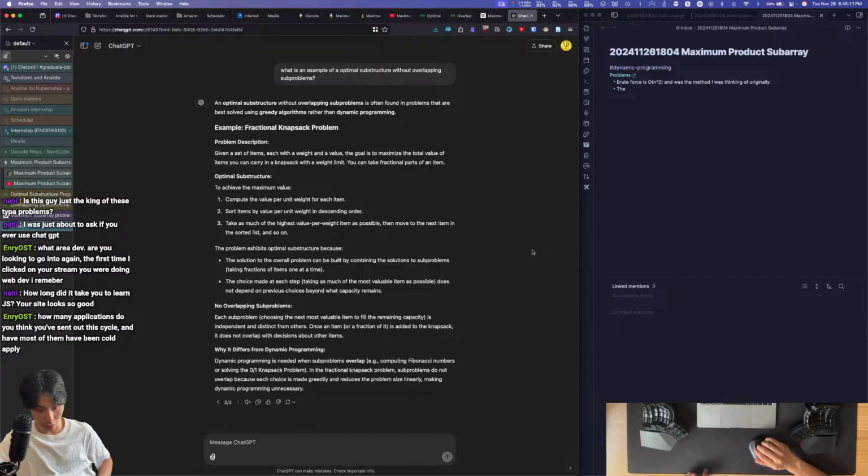We're talking about this cycle as in when I started at the start of this year, basically around January. But roughly no more than 30 applications. I don't keep track. I don't really keep it in an Excel sheet.